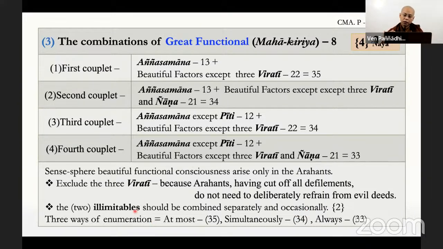So when the Arahat practices Karuna or Mudita, one of them can associate. And when that's not so, they are just performing something good, not taking the being concept as their object, so the illimitable will not arise.